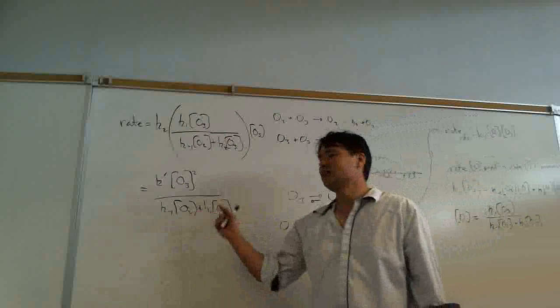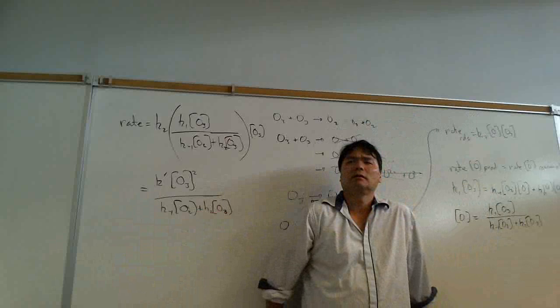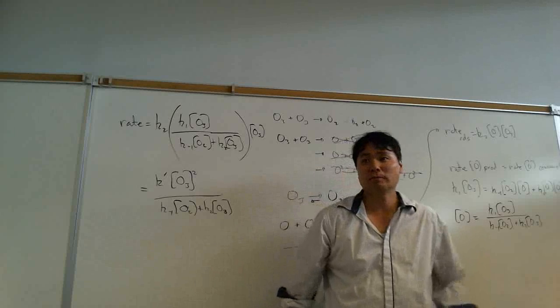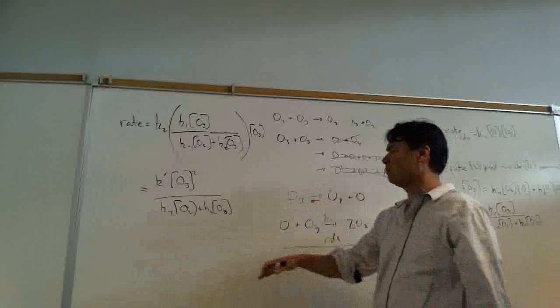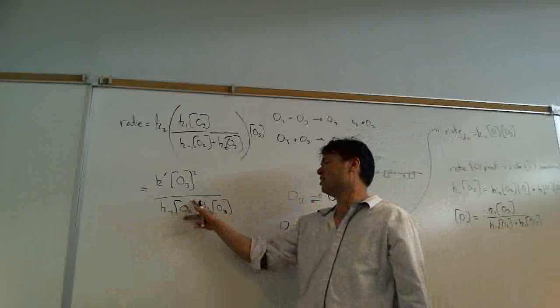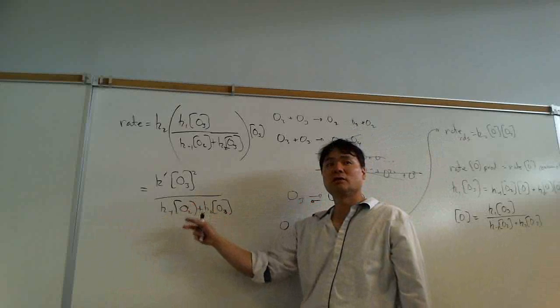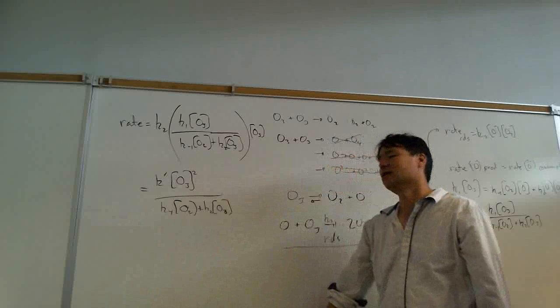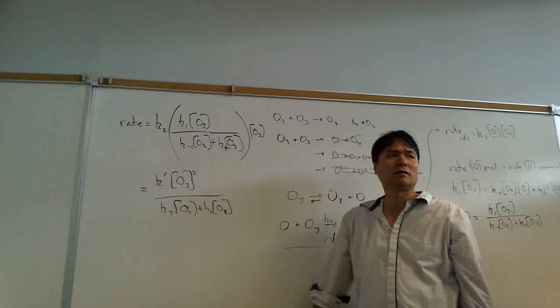Because what happens is we call this negative feedback, or this inhibition. In other words, what happens as the product concentration goes up? As the product concentration increases, the rate of the reaction should decrease. And so that's what the negative feedback is. The more product there, the slower the rate.